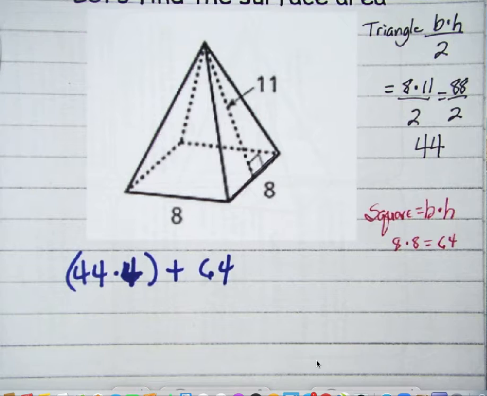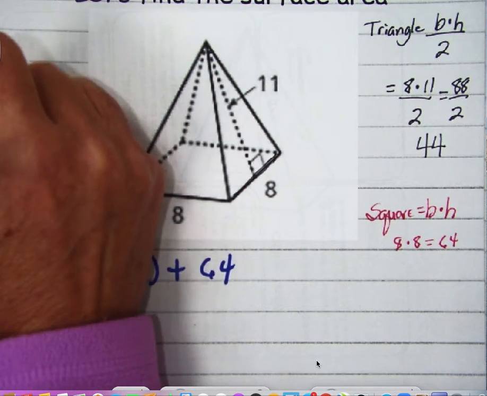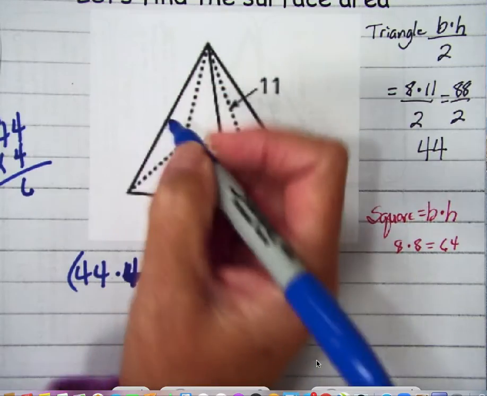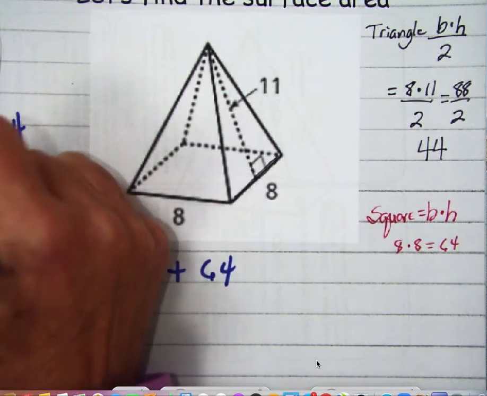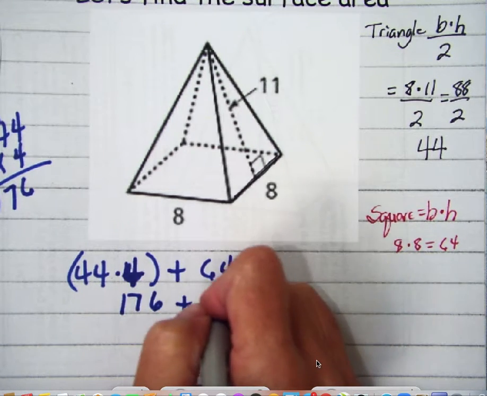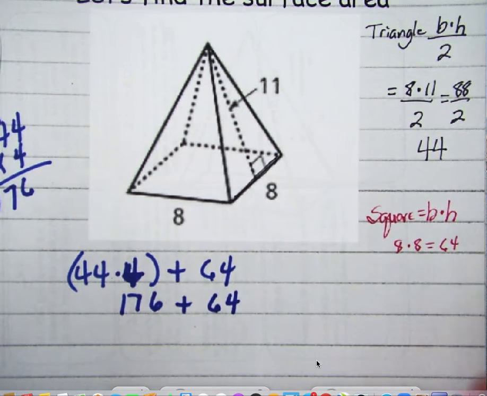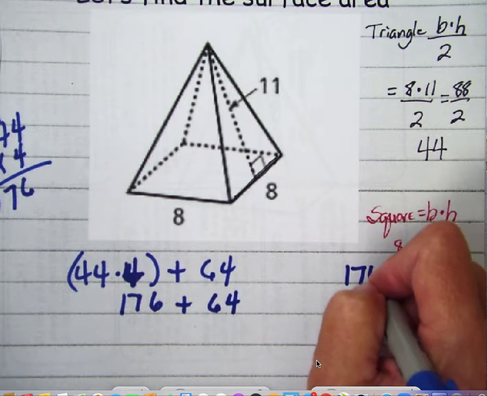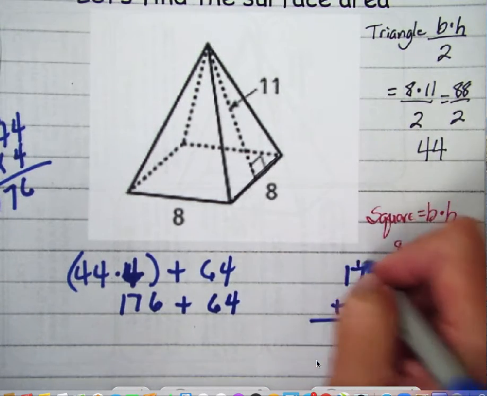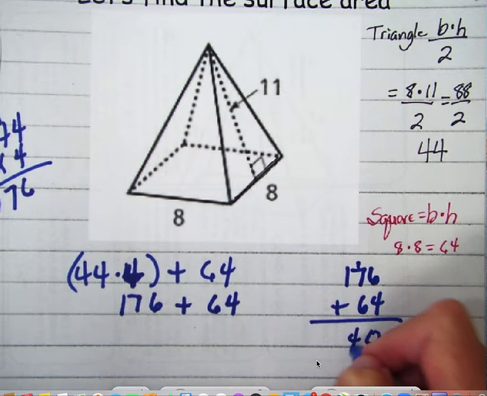So 44, let me go over here on the side. 44 times 4, 4 times 4 is 16, carry the 1, 4 times 4 is 16, plus 1 is 17. So I've got 176 plus 64. I've got to go off to the side again. Plus 64, 6 plus 4 is 10, 7 plus 1 is 8, and 6 is 14.